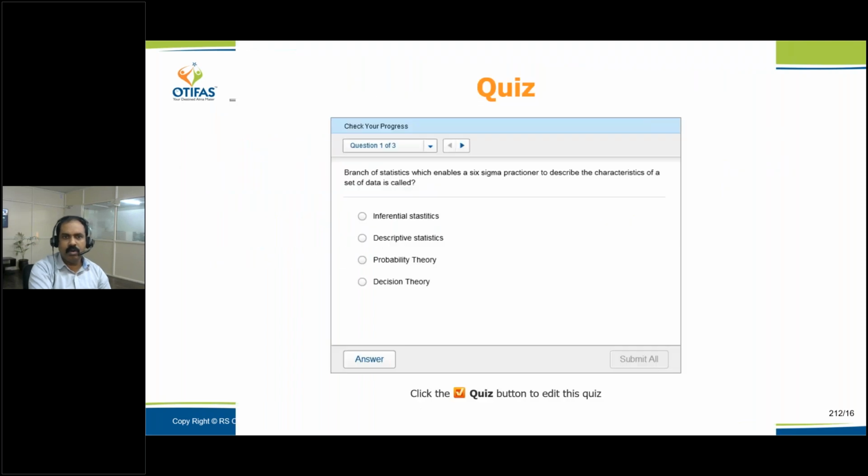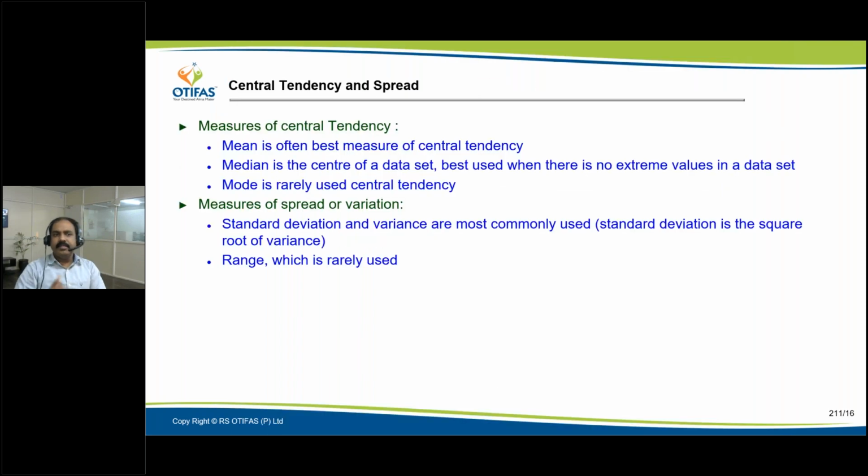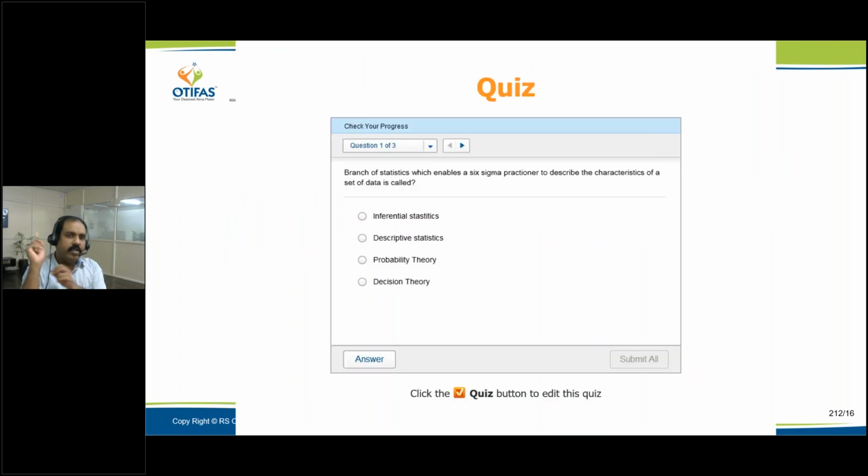So this you all already know. Mean and standard deviation are the best measures for central tendency and variation. For variation, we can use range, standard deviation, or so. I'll not go into detail of this. You are aware of all these things. I'm only giving you the most important parts to make your concept very clear.